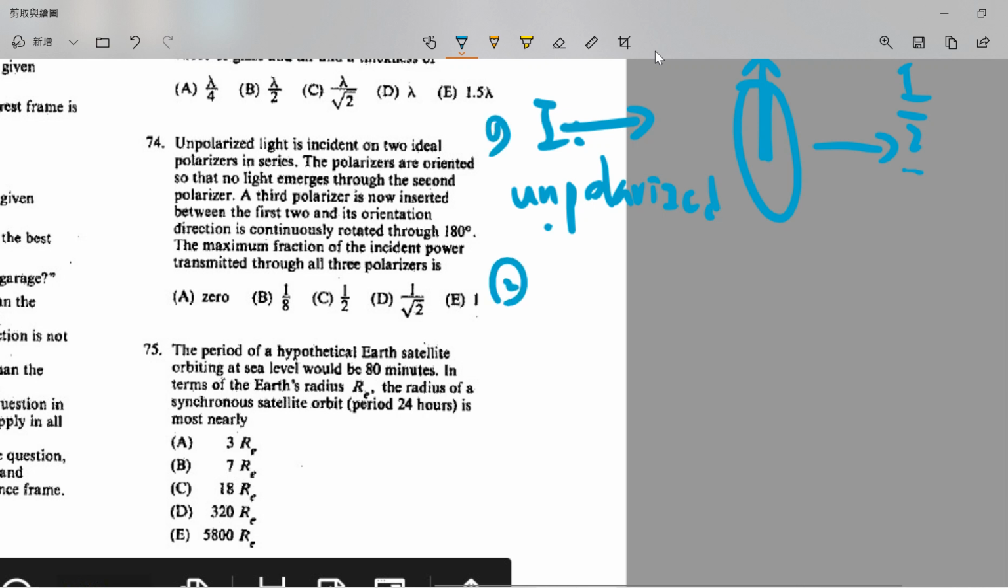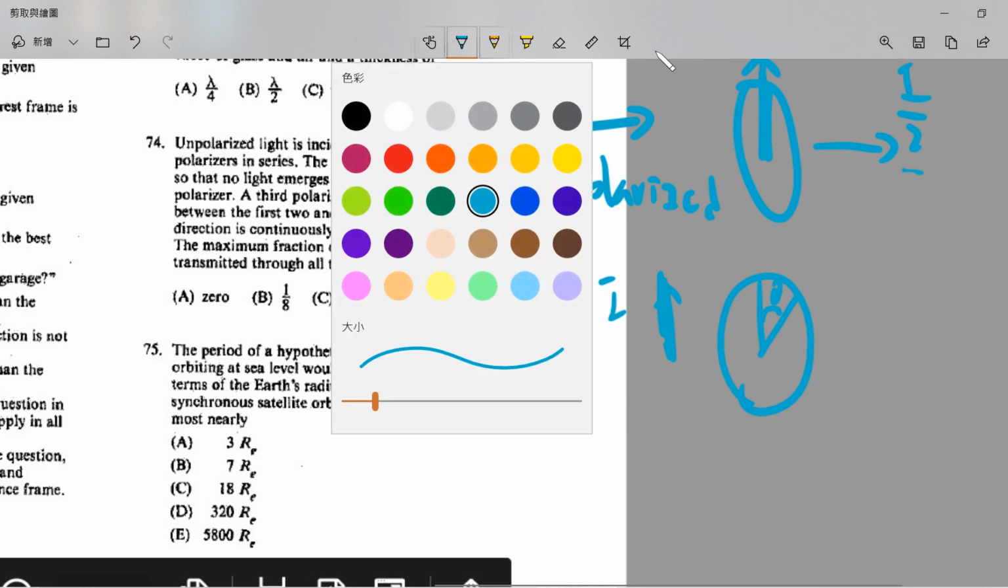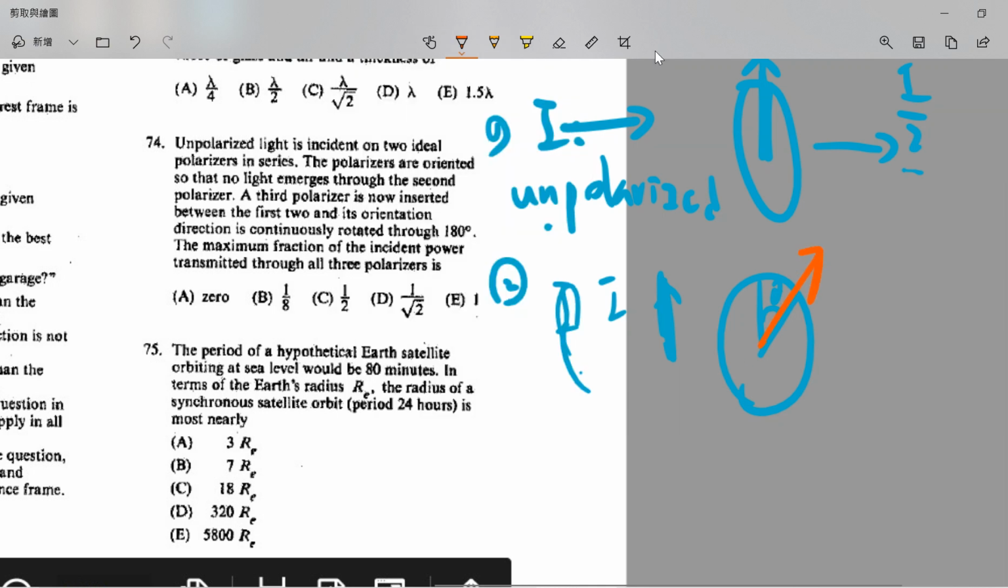The second: suppose you have light with intensity I and fixed polarization, and it goes through another polarizer with angle theta between them. Then the polarization follows the new polarizer, but the intensity is multiplied by cosine squared theta. So if it is 90 degrees to you, the intensity goes to 0. Remember these two formulas and these two mechanisms, then we can solve the problem.